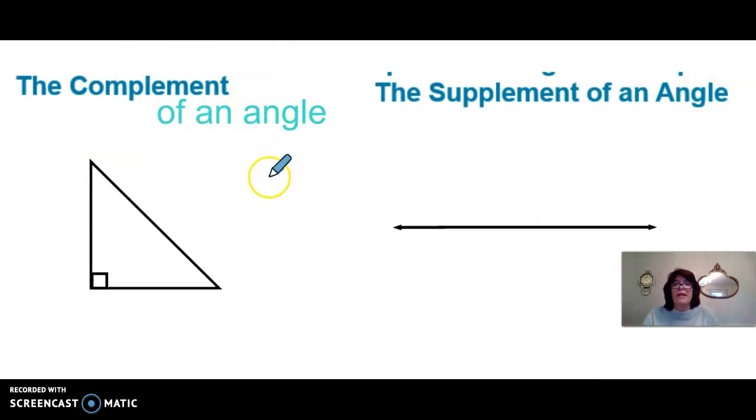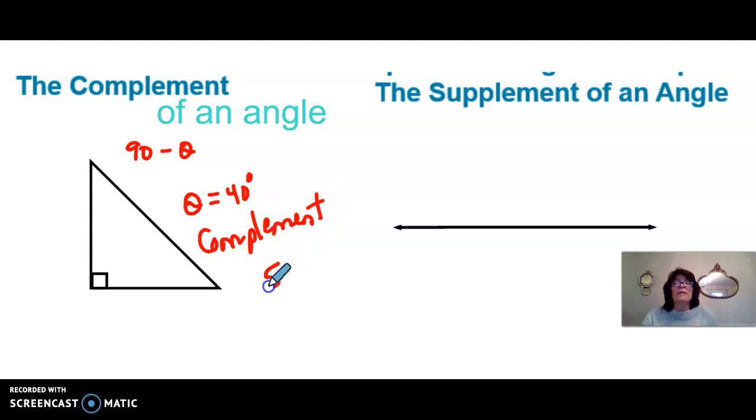The complement of an angle is the angle that you add to the angle to get 90 degrees. Okay, the complement of an angle is basically 90 minus that angle. So if theta is 40 degrees and somebody asks me what the complement would be, it would be 50 degrees.